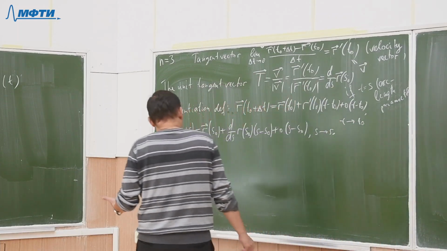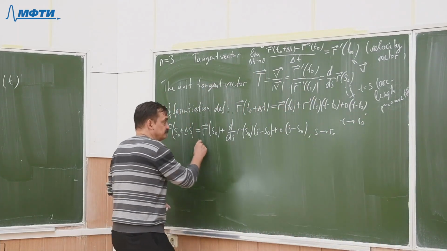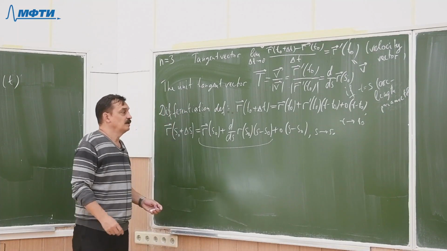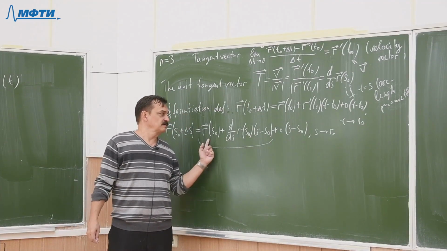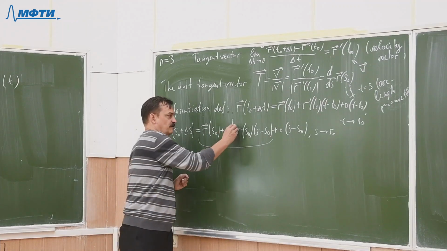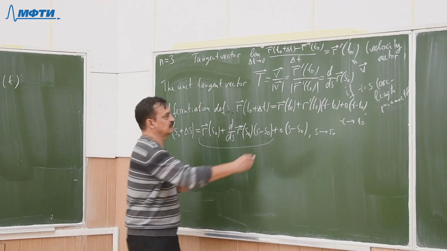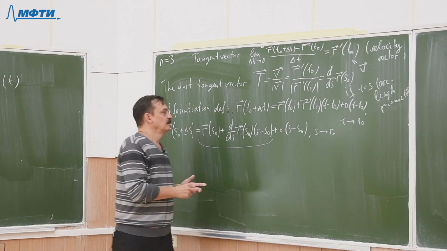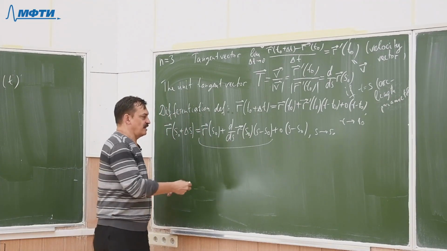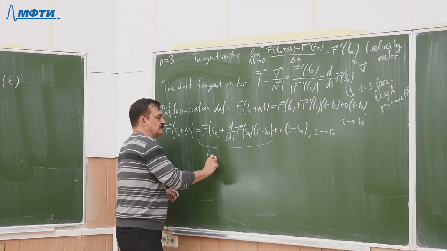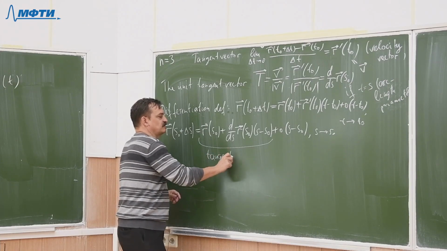But look, what is it? If we forget about little o, what is it? This equality, oh, I forgot to put vector signs here and also over there. If you look at this equality, this is nothing else but the vector representation for the tangent line.